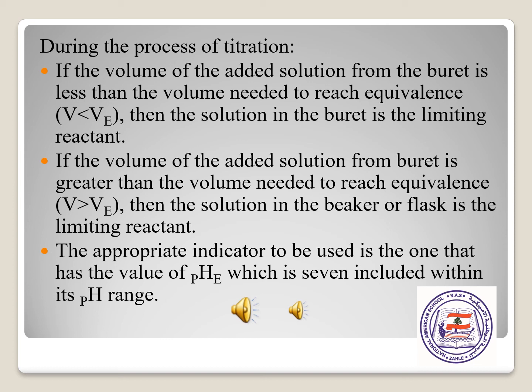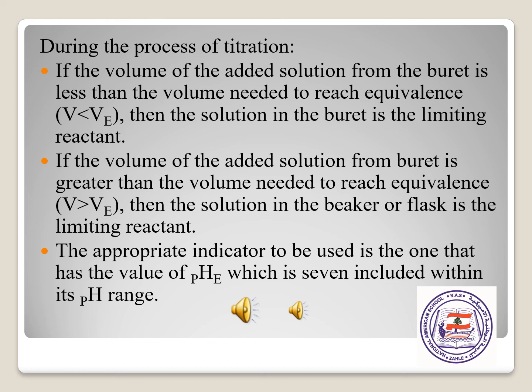Last point here. The appropriate indicator to be used is the one that has the value of the pHe, which is 7, included within its pH range. Guys, if we were to use the indicator instead of the pH meter, we need to choose one that has a pH range which includes the value of the pHe, which is equal to 7.